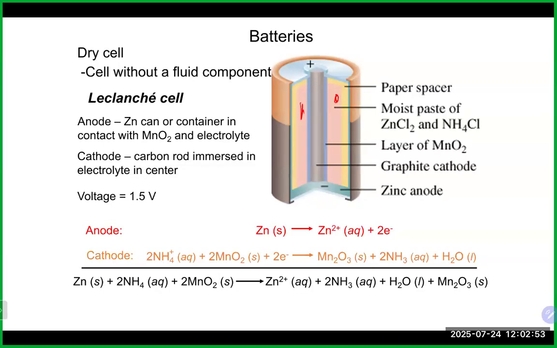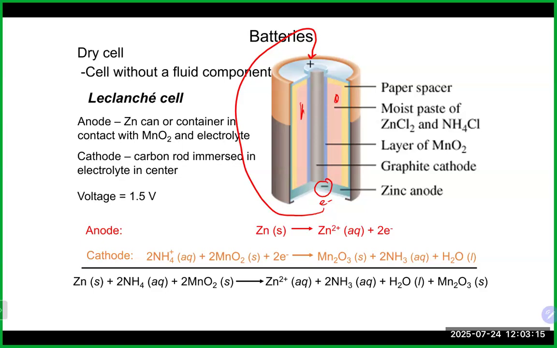That is what's serving like the salt bridge in this situation. We have the cathode, which is the carbon rod that's inserted. Again, we have our electrons heading this way in the reaction towards our positive side here.